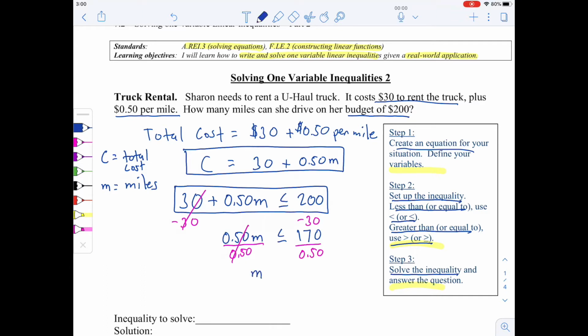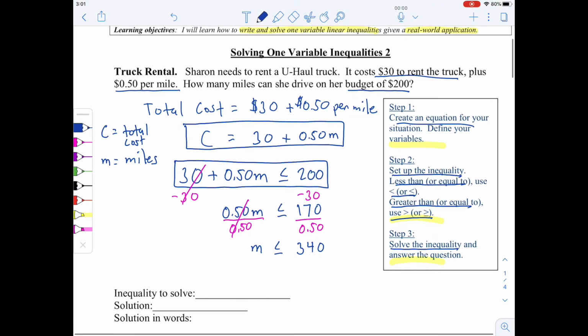So our miles is less than or equal to 170 divided by 0.5. You can use a calculator, or think: how many halves in 170? Twice as much, so it should be 340. So the miles you can drive is less than or equal to 340 miles.